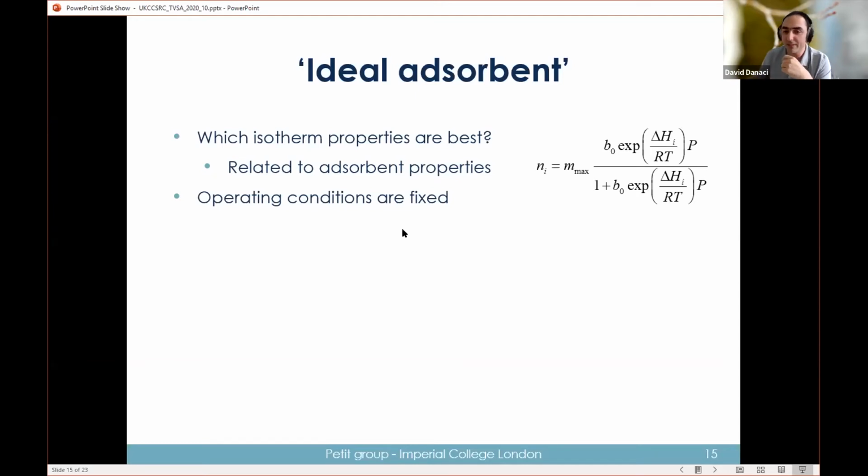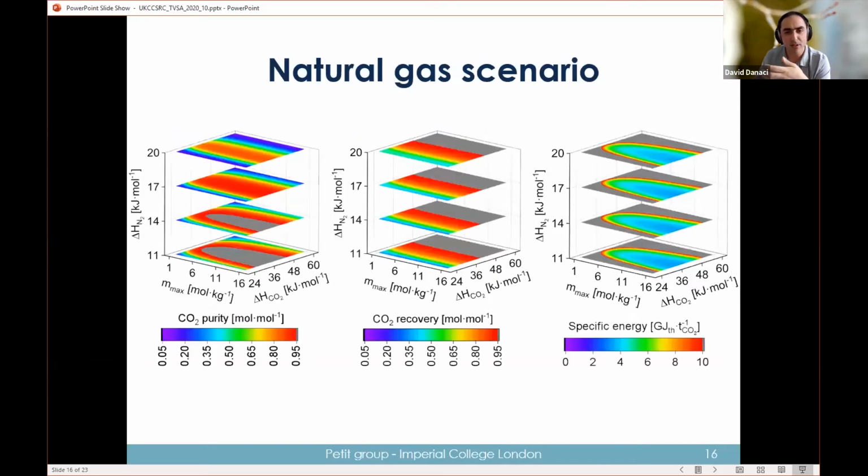So some of you may have seen similar maps from the previous work. We have the adsorbent capacity on the x-axis, the CO2 heat of adsorption on the y-axis, and the nitrogen heat of adsorption on the z-axis.